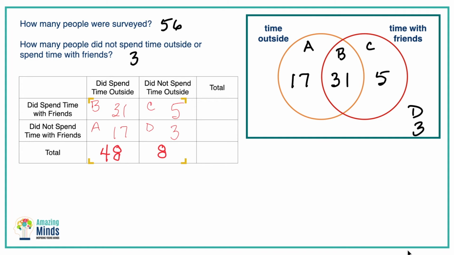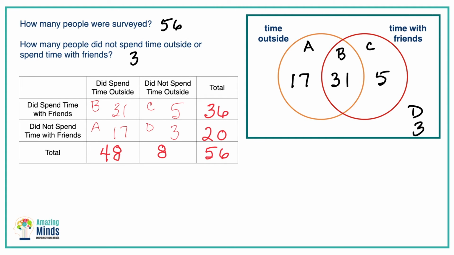But they can see that's 8, and so 56. And they can see that that should be 56 because both of these totals are related to time outside. This should also be 56 because it's the same people, but these two totals are related to time with friends. So 36 people did spend time with friends, and 20 people did not.